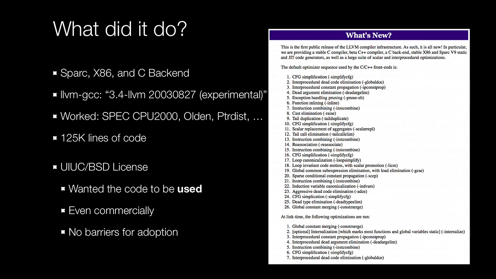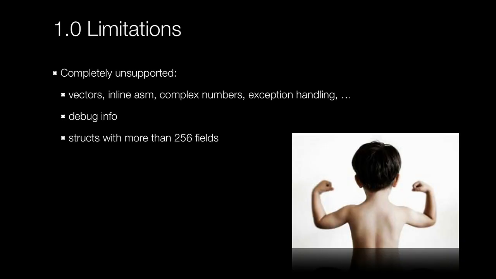Now, 1.0 was great and everything, but of course it had some problems. It was fledgling and still coming of age. It didn't have any vectors, didn't even have complex numbers in the front end, which wasn't really a technical limitation. Exception handling didn't work. Debug info didn't exist.